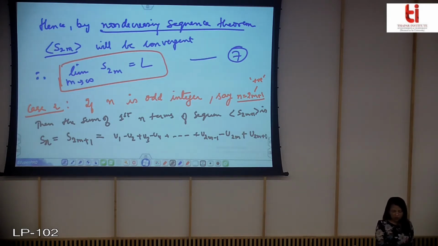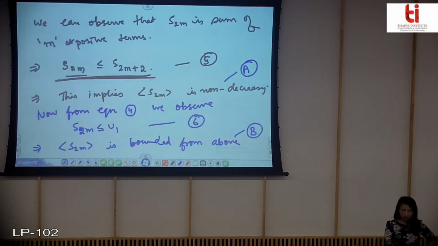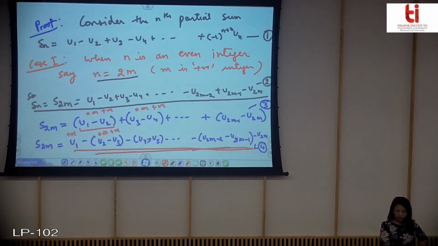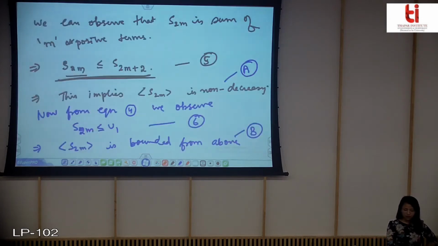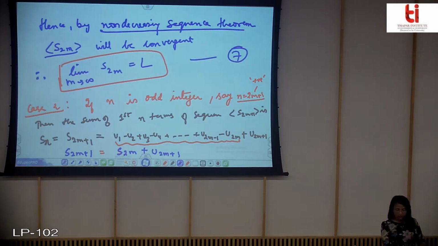Okay, now you have already seen that this part is equal to S2m. So I can write this as S2m plus u2m plus 1. This is my S2m plus 1. Now I call this equation number 8.